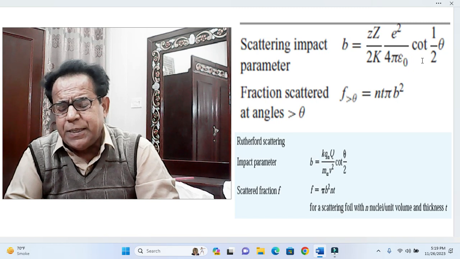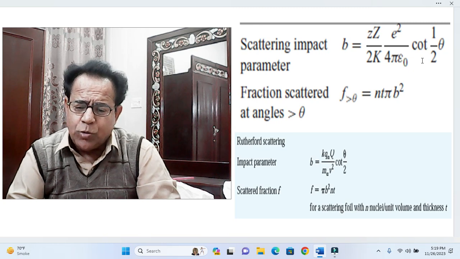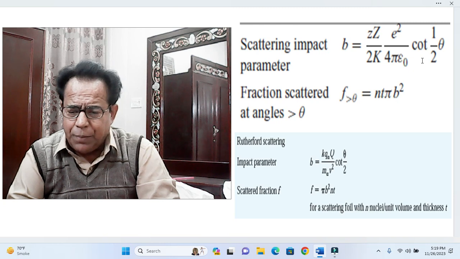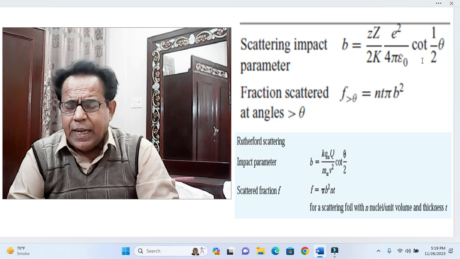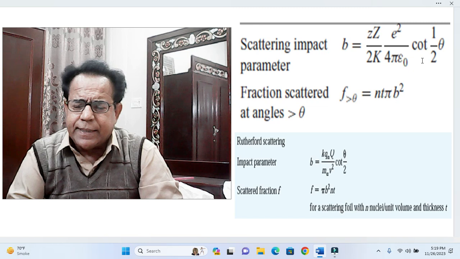Okay, similarly in this first snapshot kinetic energy is denoted by capital K, while in the second snapshot it is denoted by m alpha, mass of the alpha, into v square, that is half mv square, and the 2 in the denominator has been adjusted at some other place.